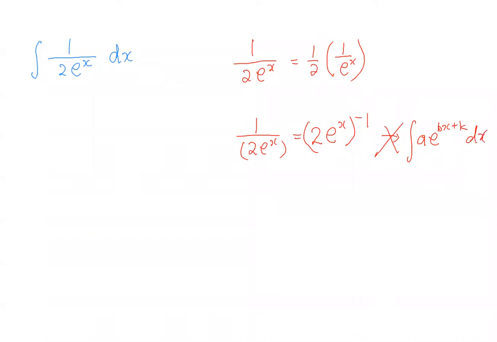The reason is because 2 also has power -1. You see or not? So you can't use this rule. But if you turn it into this form, then you can use this rule. This one is okay. You see the difference? So the way you look at things.